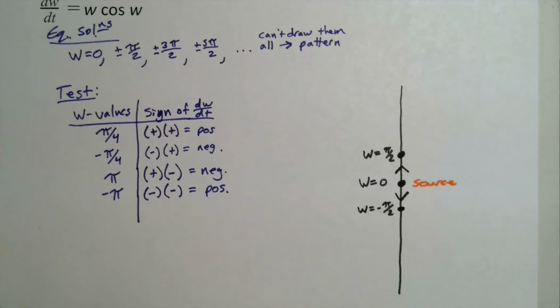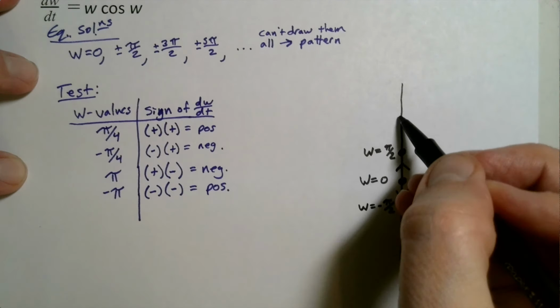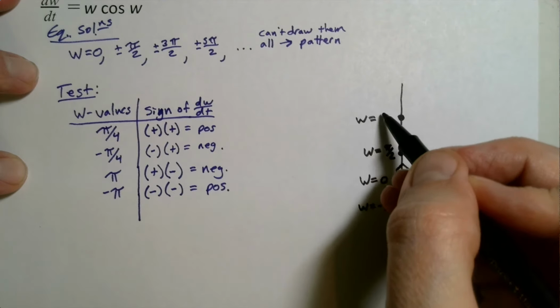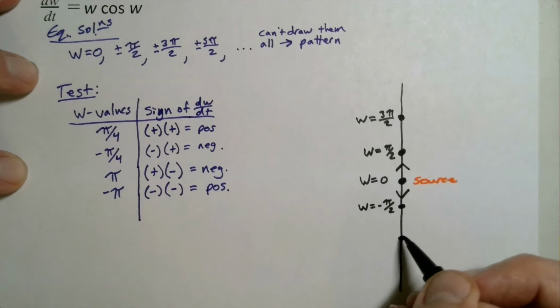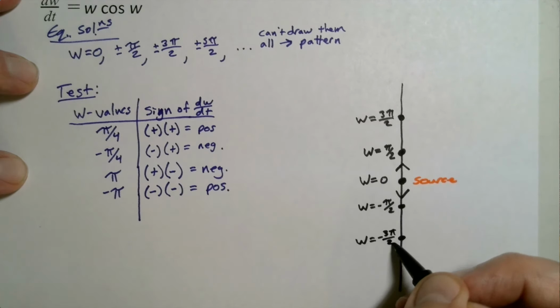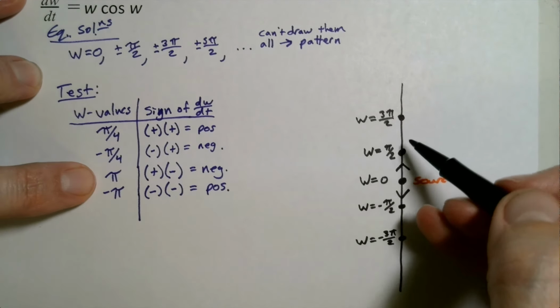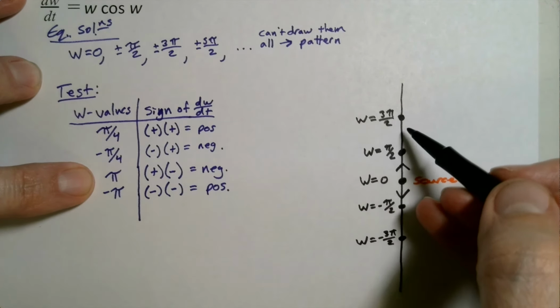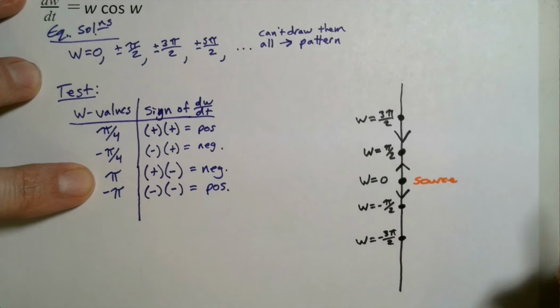But now we go one more out, and we say, what about 3 pi over 2? So 3 pi over 2 is going to be up here, and negative 3 pi over 2 is down here. And so in between pi over 2 and 3 pi over 2, on the positive side, we have a negative, so it's going down like this.